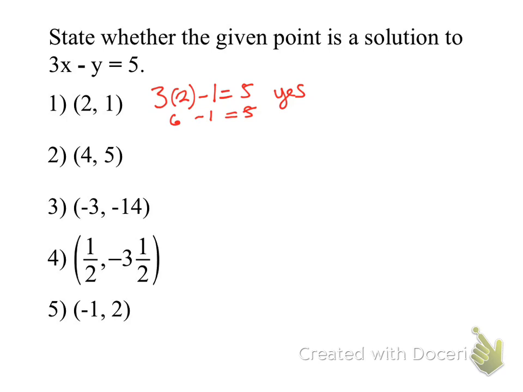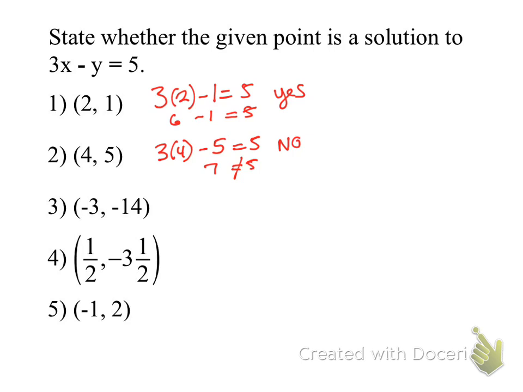How about Gabriel? It's not a solution because if you plug it in, 3 times 4 minus 5, 12 minus 5, it's 7 equals 5, which does not equal, so no, it's not a solution.